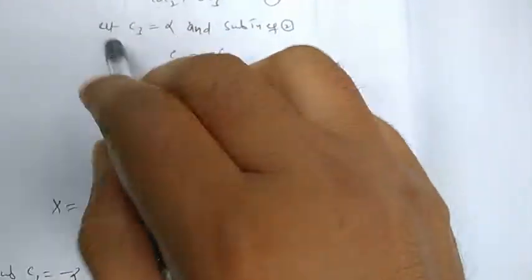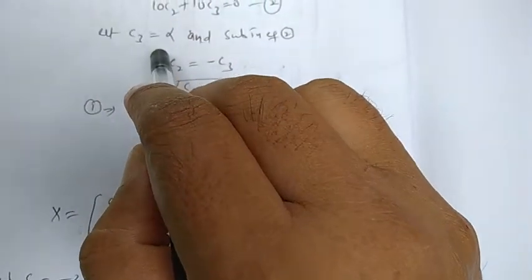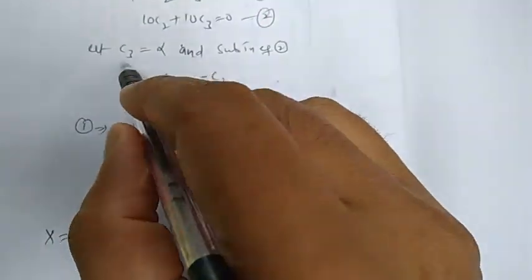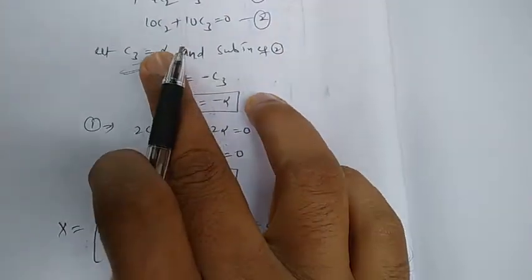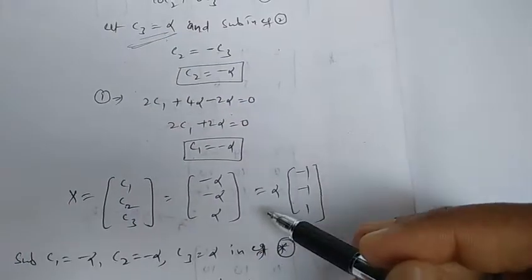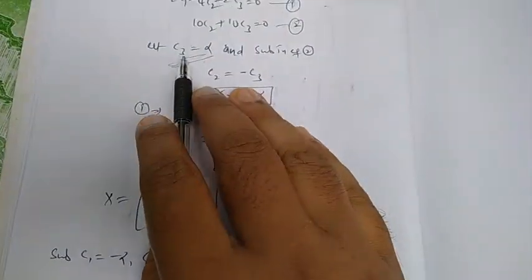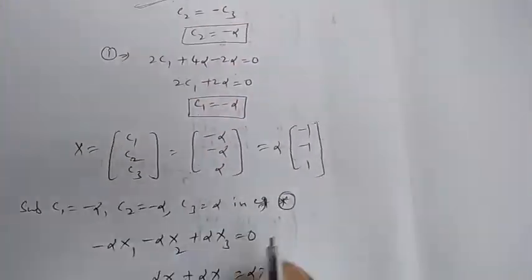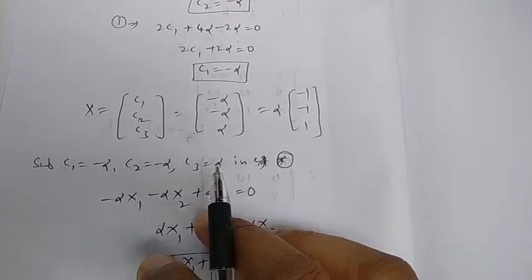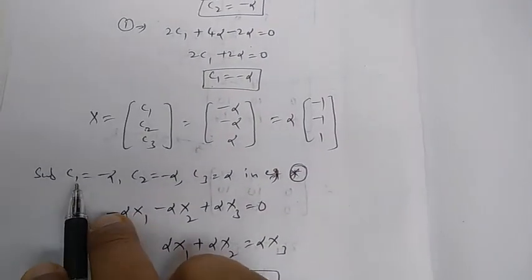We are taking c3 as a parameter alpha, which is not equal to 0. So one of the c values is not equal to 0. Therefore they are linearly dependent. That's how we can also conclude it.